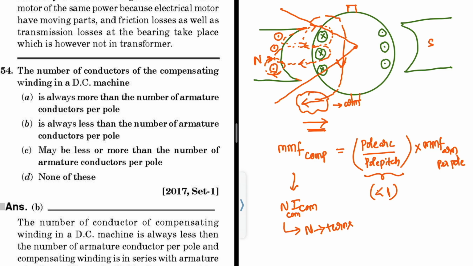So we can write that Z of compensating winding, that is conductors, is less than Z of armature conductors. Why? Because the compensating winding is only confined to the pole arc region. It cannot compensate the armature flux in the interpolar axis. That's why this factor, pole arc by pole pitch, will be less than 1. So the number of conductors in the compensating winding is always less than the number of conductors in the armature. The answer will be B.